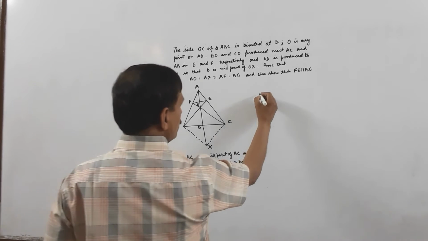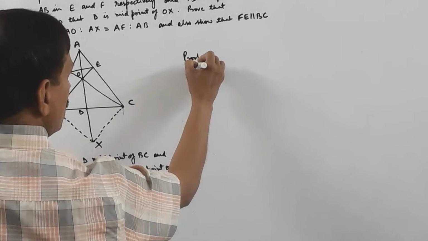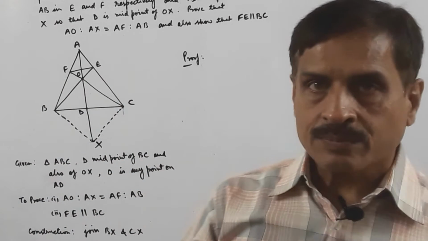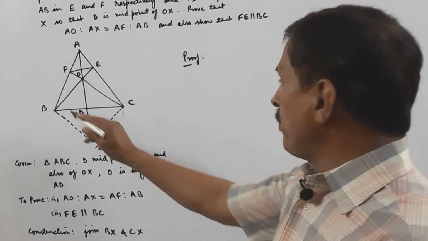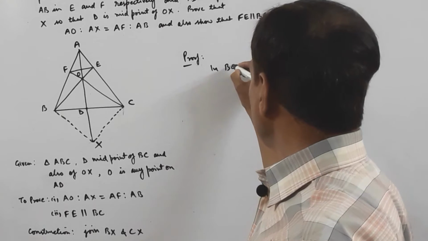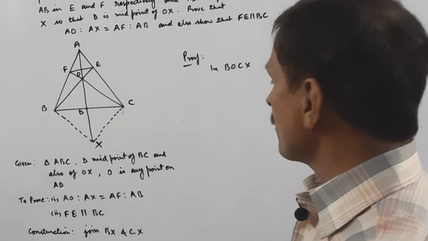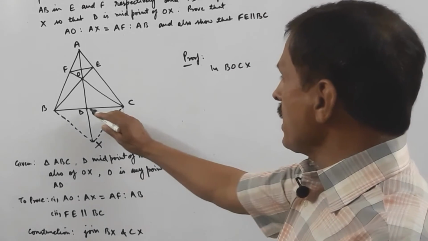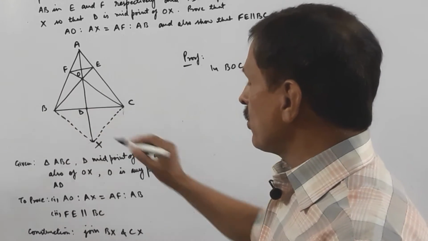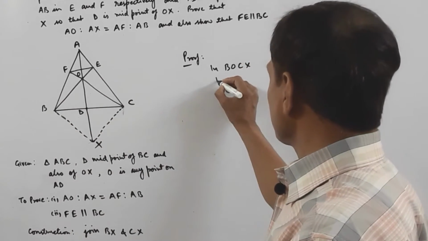Now we take the proof. We join BX and CX. Now we consider BOCX. In BOCX, D is midpoint of BC as well as D is midpoint of OX.